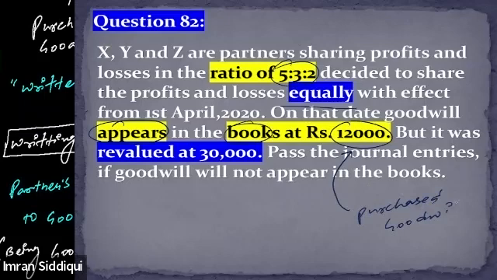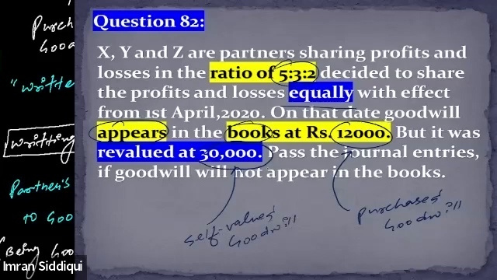And if it is a purchase goodwill, we need to write it off. But it was revalued at 30,000. Now see, the same goodwill is being revalued at 30,000. So we have two values of the goodwill. One is the book value and one is the revalued value of the goodwill. So this 30,000 is considered to be the self-valued goodwill, right? And 12,000 will be treated as the purchase goodwill.